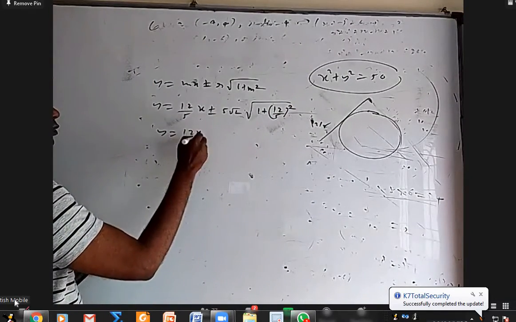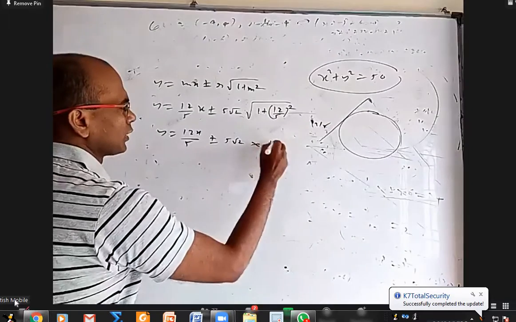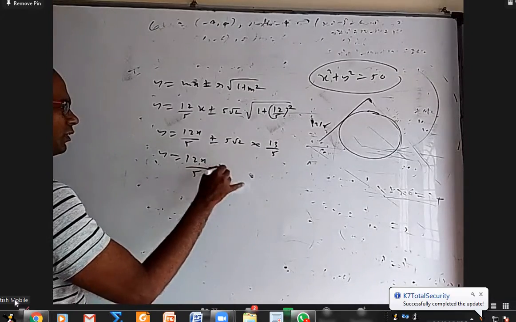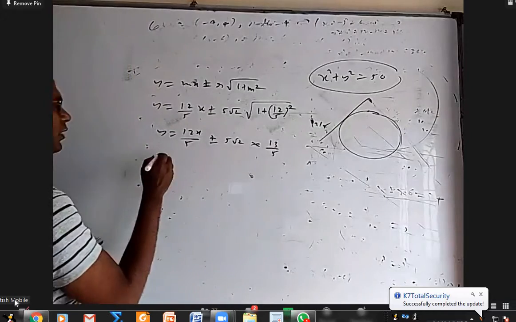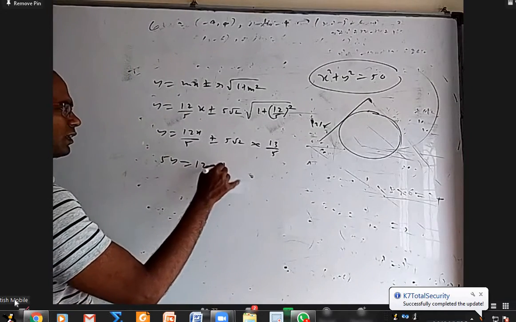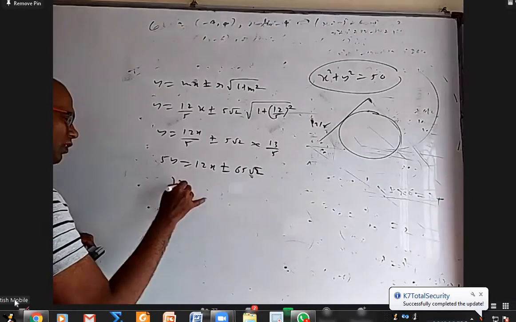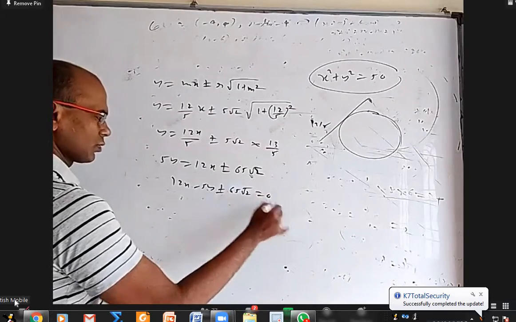That is y equal to 12x by 5 plus or minus 5 root 2 into 13 by 5. y equal to 12x by 5 plus or minus 5 root 2 into 13 by 5. You want to cancel 5, just multiply by 5, you get 5y is equal to 12x plus or minus 65 root 2. So 12x minus 5y plus or minus 65 root 2 equal to 0.